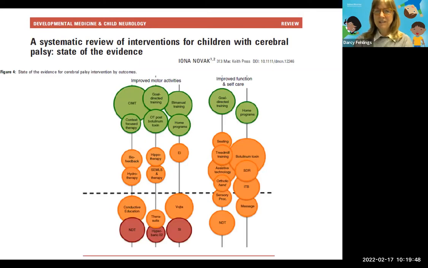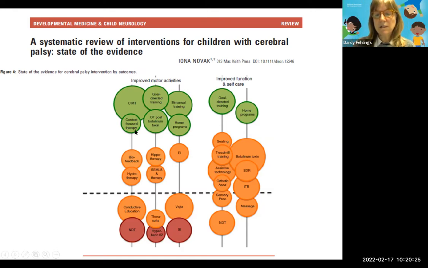So do we have evidence for constraint? Does it work? This is a diagram from Iona Novak's publication in 2013, which was a systematic review of interventions for children with cerebral palsy. What was the state of the evidence? And there's these cool bubble diagrams here. If the bubble is up high in green, it means that there's good quality evidence for the treatment. If it's down low and is red, it means there's not, and you should not do it.